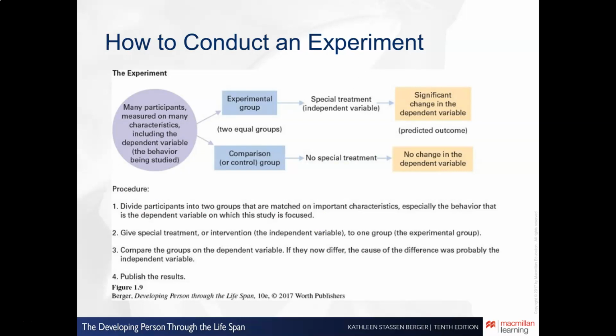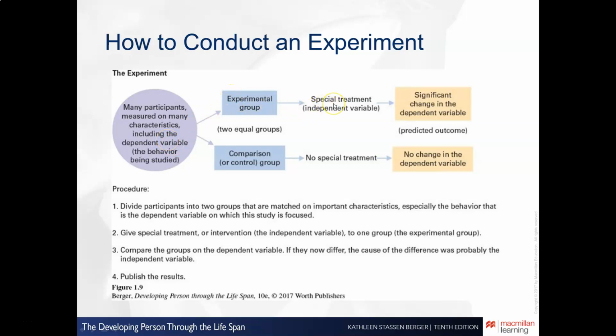Now here's a very quick explanation of how to conduct an experiment. I will go through this again just to reiterate some of these, but please feel free at any point during this video to pause the video and look at it a little more in depth. So remember, the first step is the researcher gets a lot of participants, and then some are assigned to the experimental group.